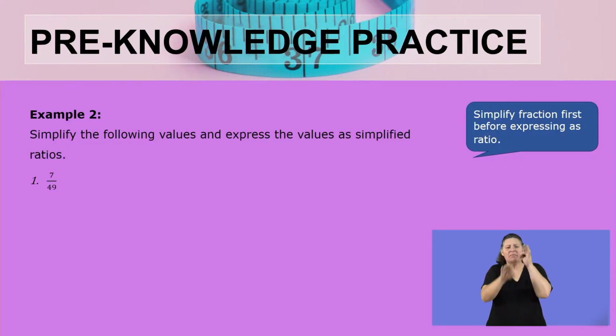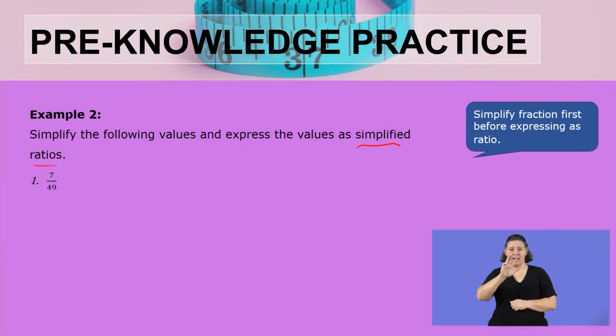Let us continue with the second example. Simplify the following values and express the values as simplified ratios. So we are simplifying, and after simplifying, we have to express this in the form of a ratio. So we have 7 divided by 49.